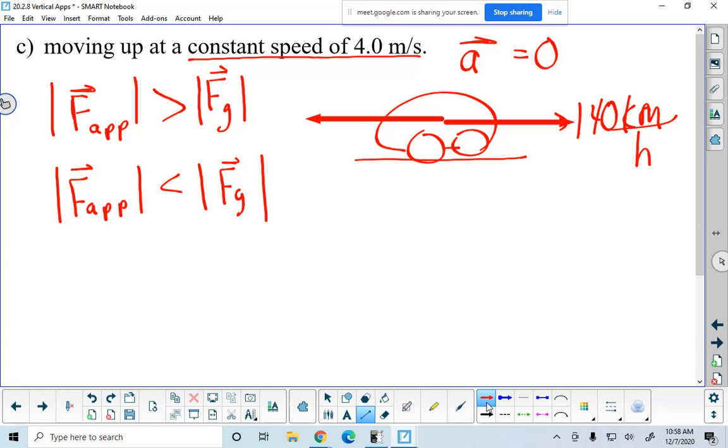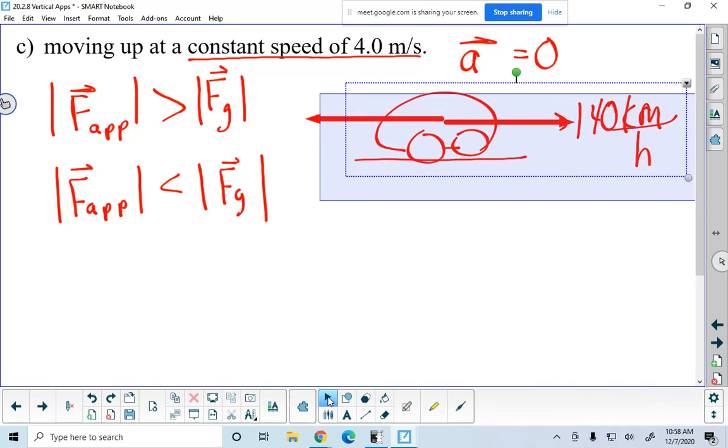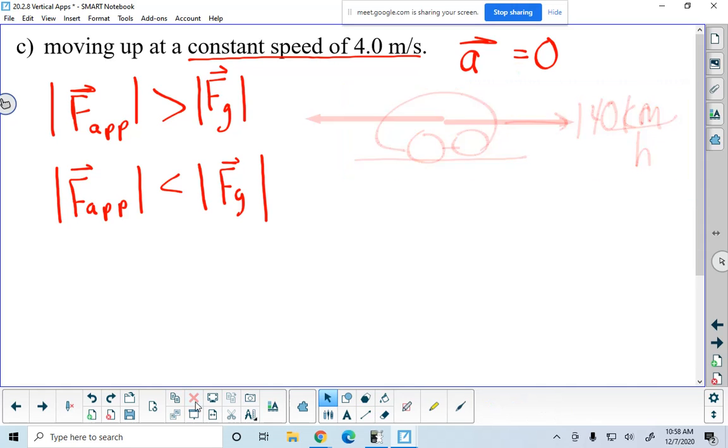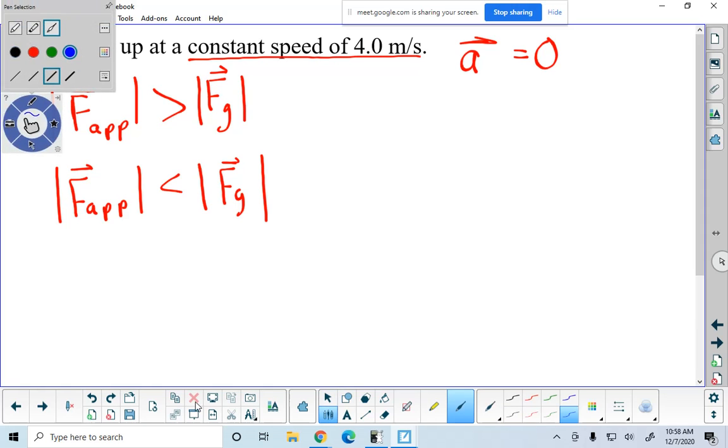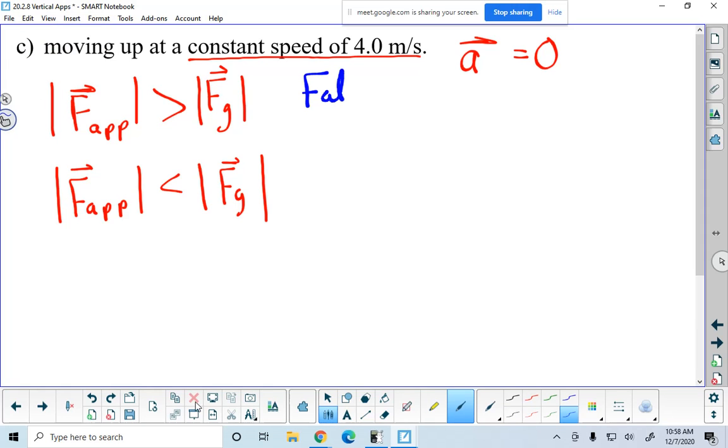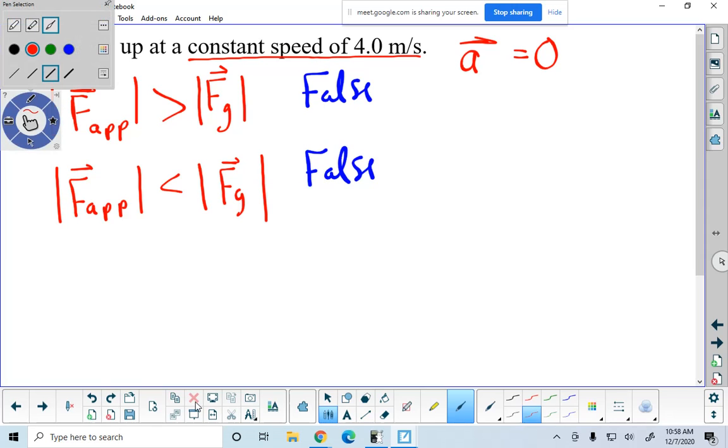So the answer to my question is that neither of these are correct. This is false, and so is this. What's true is that the applied force upward has a magnitude that's exactly equal to the force of gravity downward.